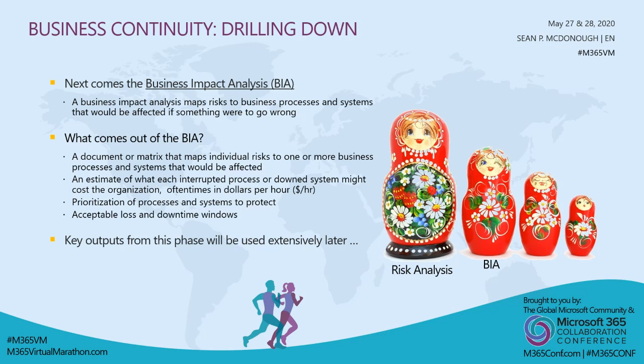Now, after the risk analysis comes the business impact analysis. In the business impact analysis, we map risks to processes and systems that would be affected if those risks were realized, or rather, if those events were to occur, what would be the effect to our systems?